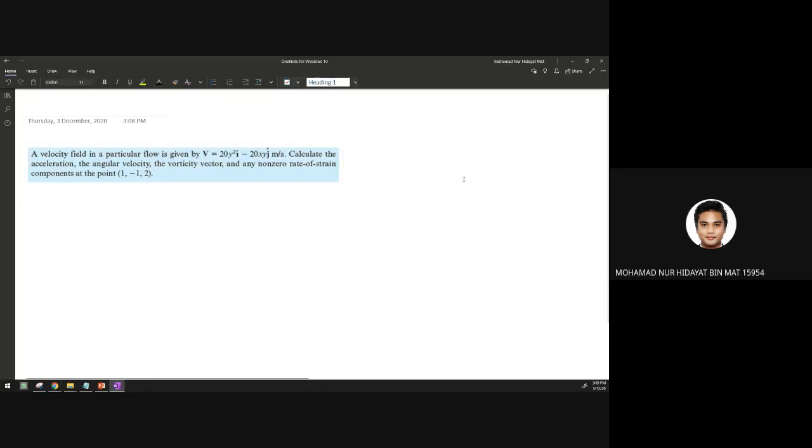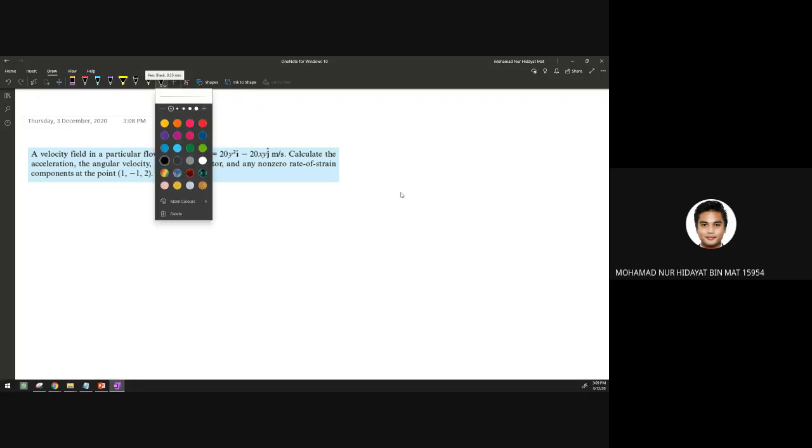This is basically the standard question. So the first step, please identify the question. I try to highlight: calculate the acceleration, angular velocity, vorticity, and non-zero rate of strain component. So how many questions?